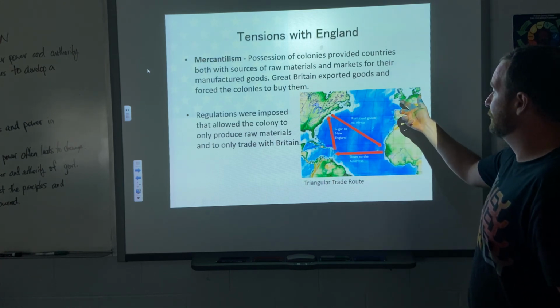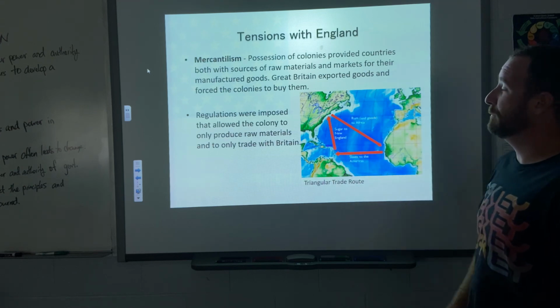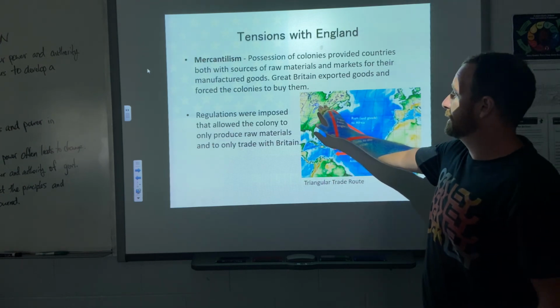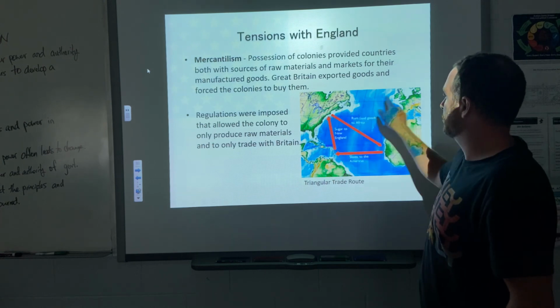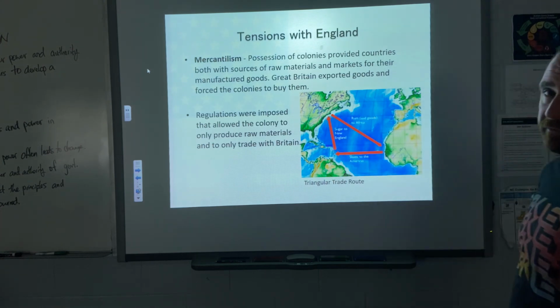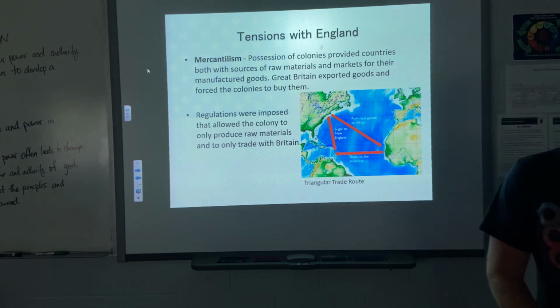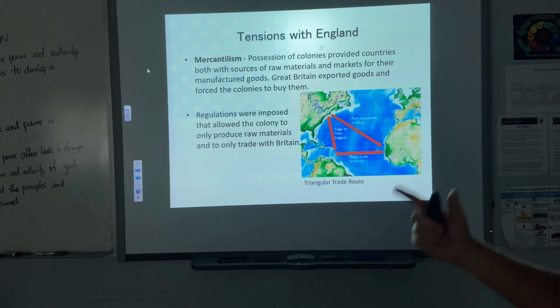They then would take the furniture and force the colonists to buy it back. So all they wanted from the colonies was the raw material. They would take it back, finish the product, and force the colonists to buy that finished product. So England always had a buyer. That is the way mercantilism works.